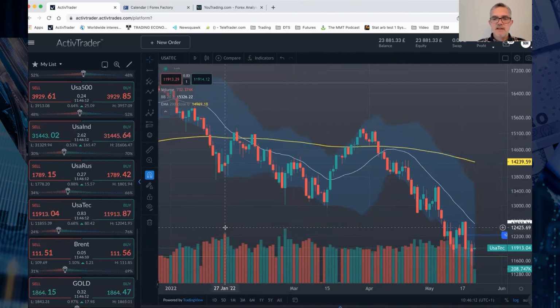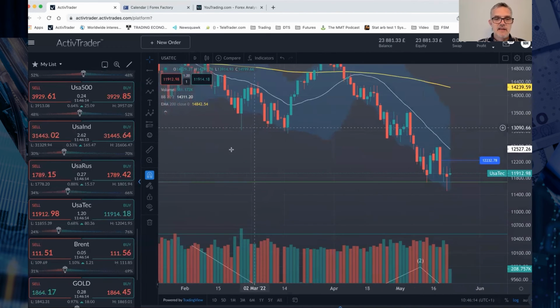One thing that might drag us down is the Nasdaq. If we look to the left, the sentiment indicator on active trader platforms says 76% of traders are trying to go long this. We did take out the liquidity, like I said, from last week, the 12th of May and 19th of May, a similar sort of thing, a double bottom. We took out liquidity on the 20th, didn't close green, didn't really close near the open.